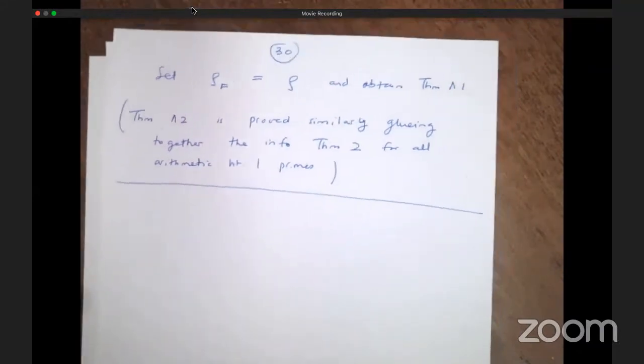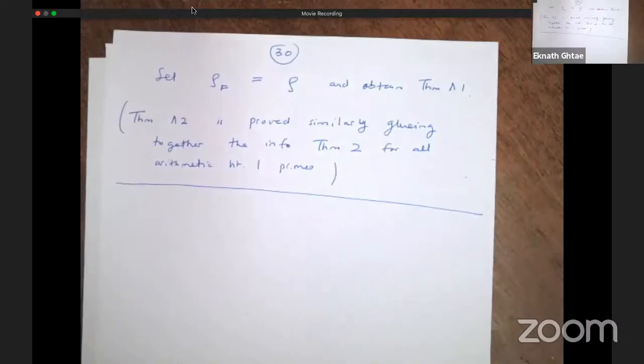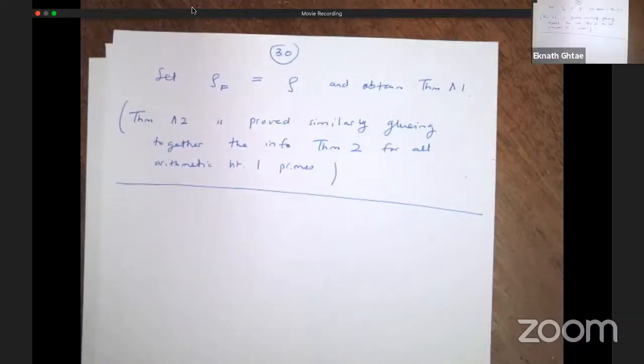So I have a question, for primes other than p, like dividing the level, does one have some reducibility or anything, or that is not there? So, sorry, for primes dividing the level? Yeah, I mean other primes, because now this theorem is about p.